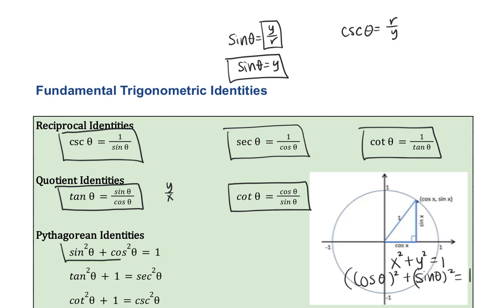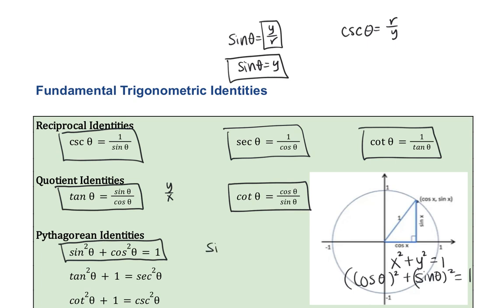There's just a convention: instead of writing the squared on the outside of the parentheses, we can write the square as a little 2 between the sine and the theta, but that really means sine theta quantity squared. So that's what's called our first Pythagorean identity.